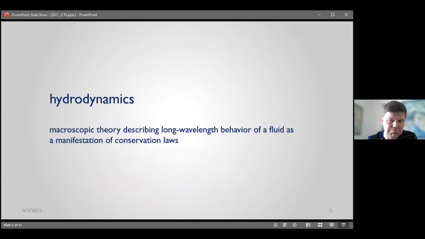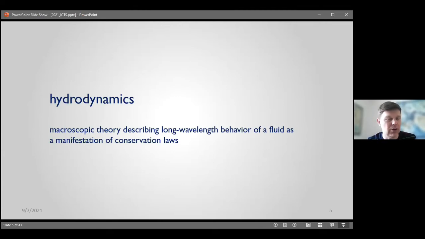If by some miracle the system behaves as a Fermi liquid, then Fermi liquid theory takes care of the interactions by itself, even though the particles are still interacting. Or in one-dimensional systems, again by another miracle, it may happen that systems are integrable, and then we have other mathematical techniques to deal with that.